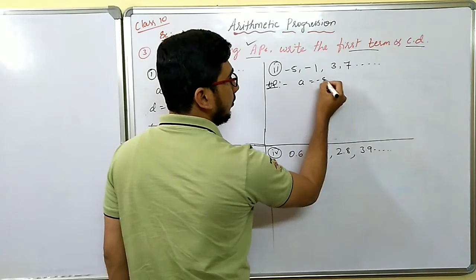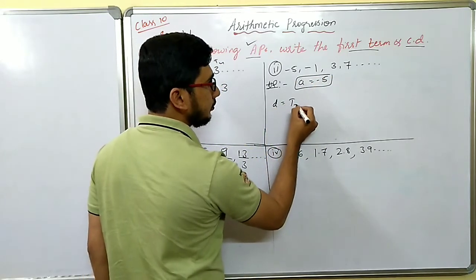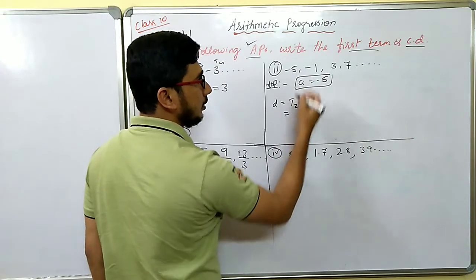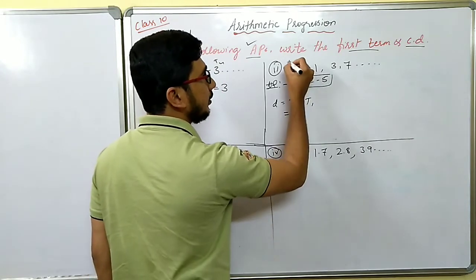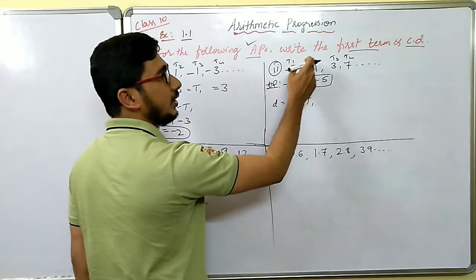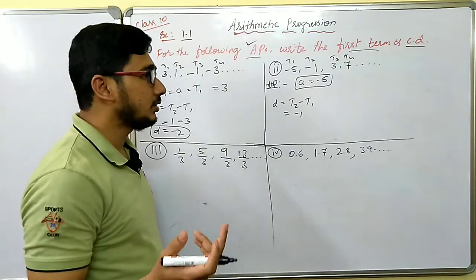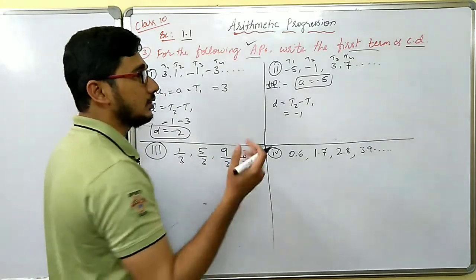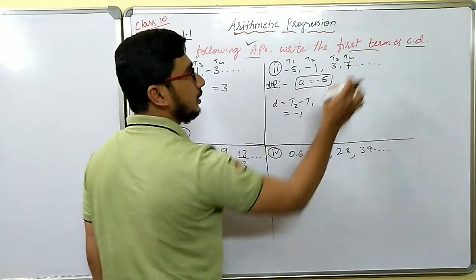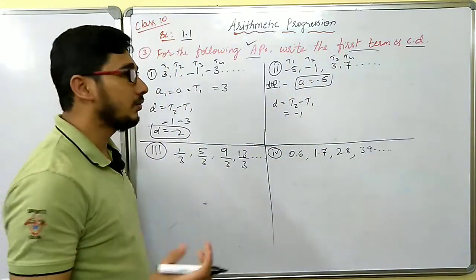So here a is equal to minus 5, that is the first term I have written. Difference is t2 minus t1. This is t1, t2, t3, t4. You can write a1, a2, a3, a4, however whichever way teachers are teaching in your schools, the same thing you have to follow. It is your convenience.